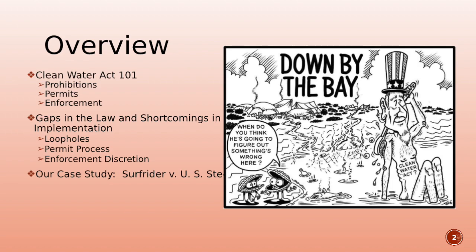As we go, we're going to talk about some of the gaps in the law and shortcomings in its implementation, some loopholes in the way it was written, some of the intricacies of that permitting process that create issues, and then problems that arise in the enforcement context and reasons we might think that the law isn't being enforced to the extent it should be.